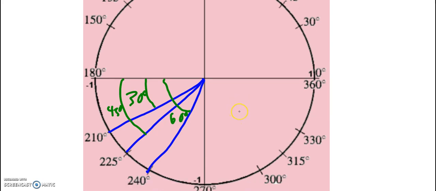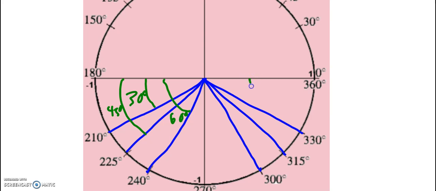Then again, finally, we can see that as well. The fourth quadrant here, if I draw these in, this is 300, 315, and 330. But with reference to the x-axis, this is 30 degrees, this is 45 degrees, and this is 60 degrees.